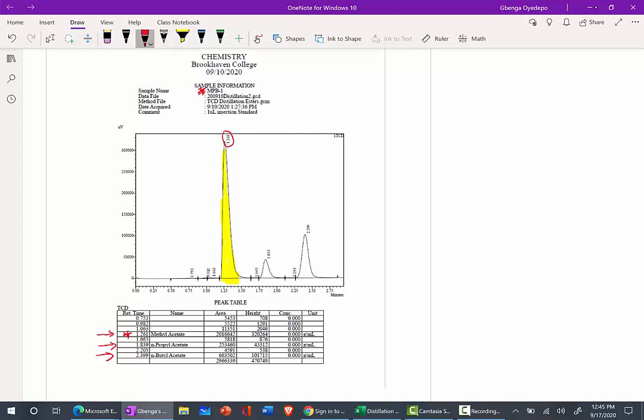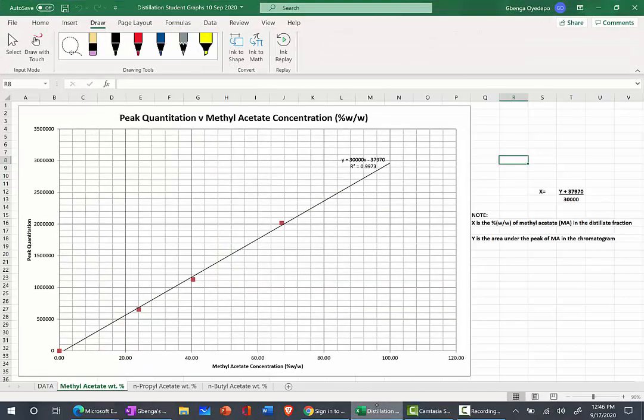To determine that, I will have to look at the area under the peak, which the machine already calculated for us. The area under the peak is 2016642. I will then use that area on the calibration curve provided by the lab manager.